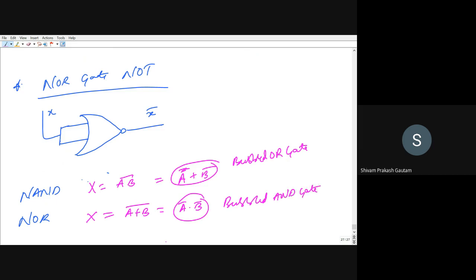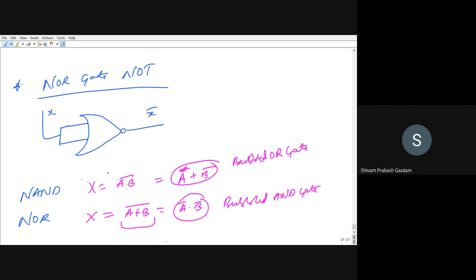So why I have shown you the bubbled OR gate and bubbled AND gate is that, suppose you have some complex logical circuits using logic gates, and you are getting at the output A plus B whole bar. If you want to reduce or simplify that output, then this expression will be very helpful. Whenever there is a whole bar and there is a multiplication, you can expand it into addition.